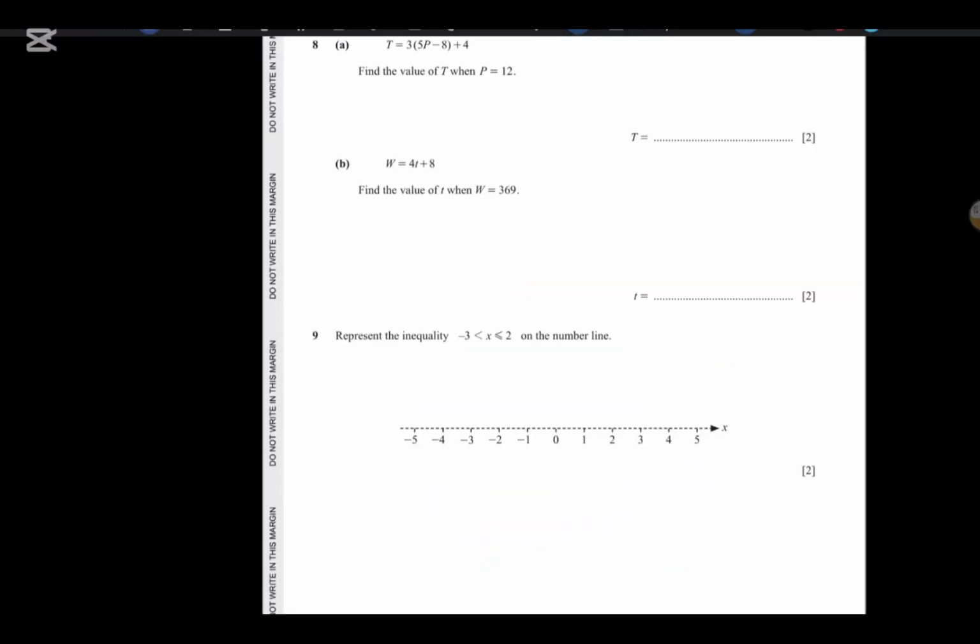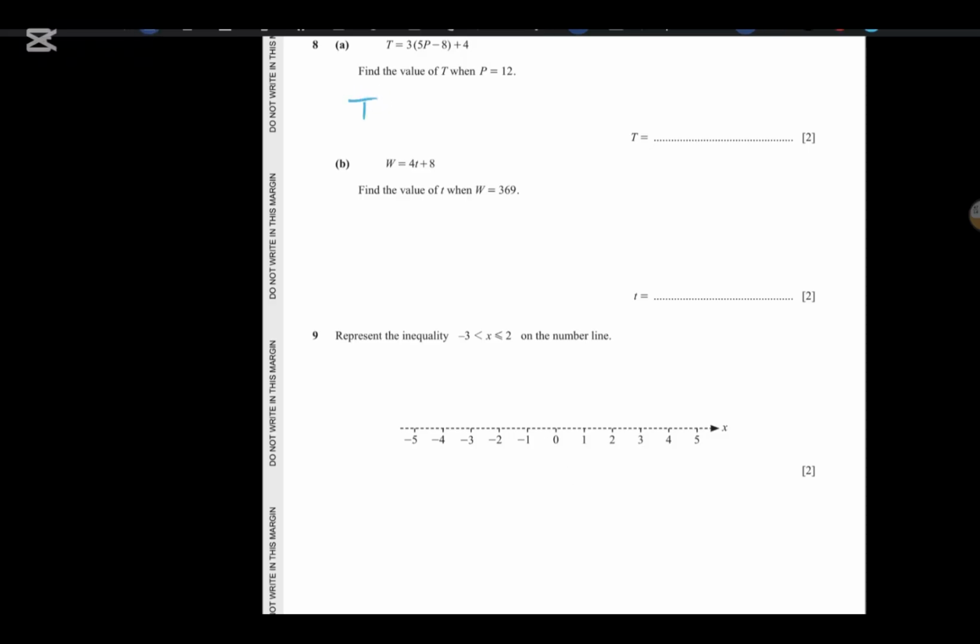Question number 8a. t is equal to 3 into 5p minus 8 plus 4. Find the value of t when p is equal to 12. So now we need to find the value of t.